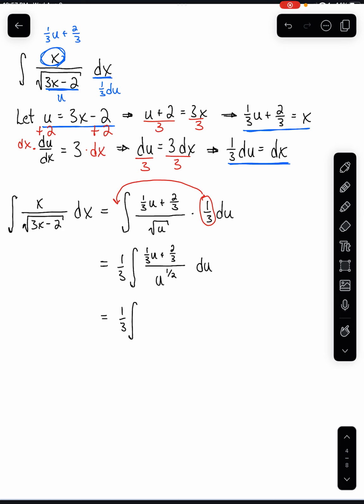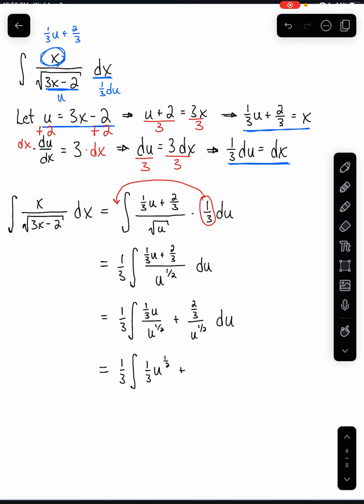We're now going to have 1/3 u over u to the 1/2 plus 2/3 over u to the 1/2 du. In the first term, we can simplify the u in the top with the u to the 1/2 in the bottom, and it becomes 1/3 u to the positive 1/2.